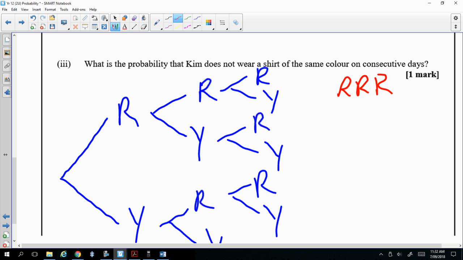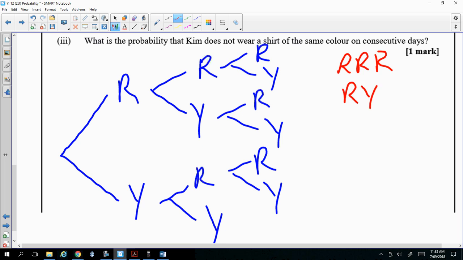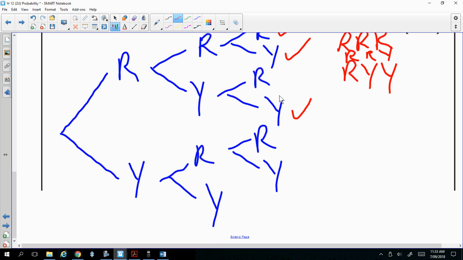Can be this, can be that. Or can be RR, yellow as well, right? So that's correct. And YRR, or YY. Now, as you count this, you see there's a lot of probability to add.